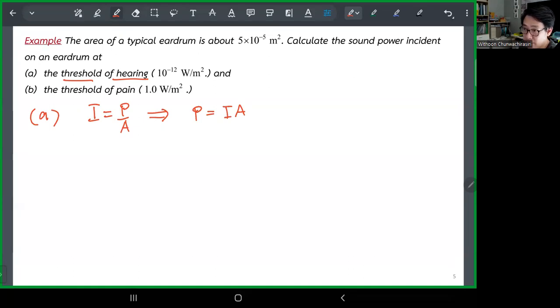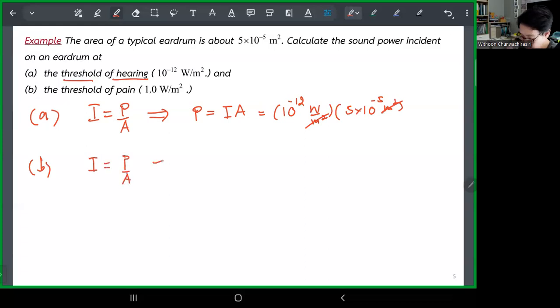That's it. Everything is in SI, which is nice, and you just plug in the area of our eardrums. As you can see from the units, the square meters cancel, and you get the final answer in watts.